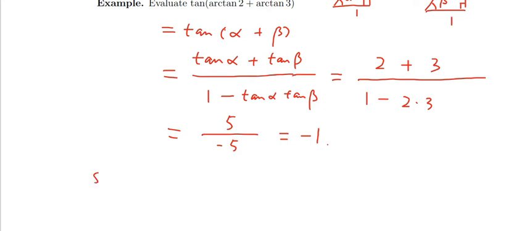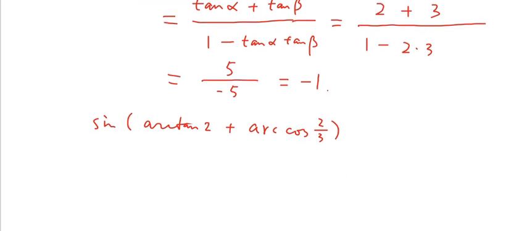So it's easy for me to make some questions, like find sine of arctangent 2 plus, suppose it's a cosine. Like those kinds of problems, right? Find the exact value for this. So we say such a problem is just like sine of alpha plus beta, right?